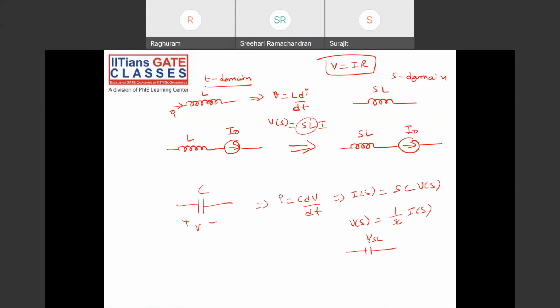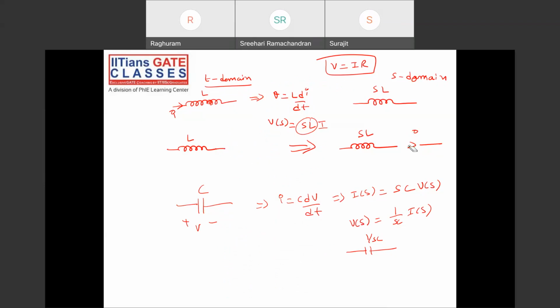I think I have done some mistake. Let me see. Okay, 1 by SC is correct, but this current source is wrong.